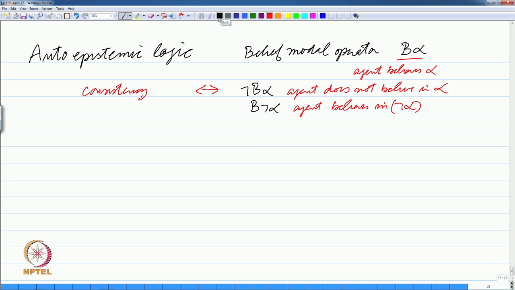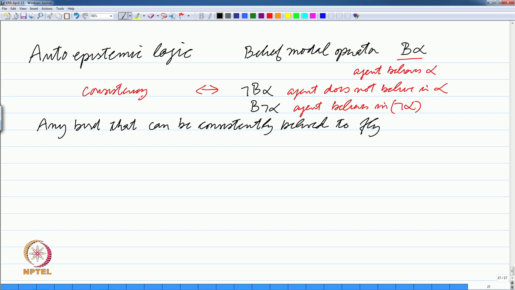So, let us go back to the Tweety example and see how you would state that in this particular logic. We could write it as follows: any bird that can be consistently believed to fly does fly.